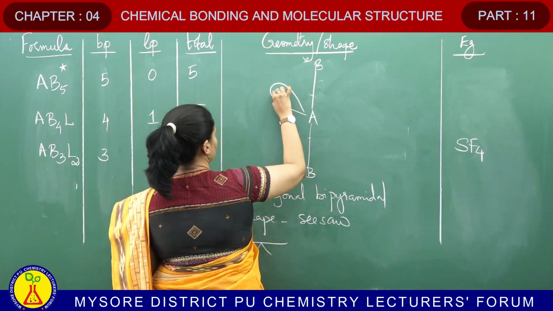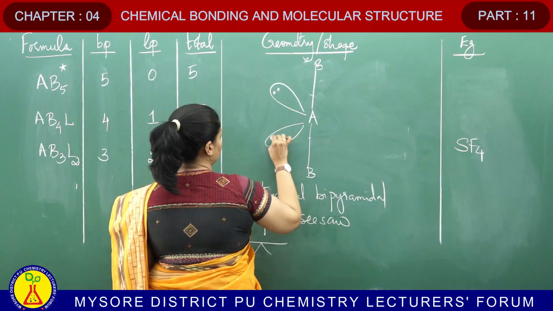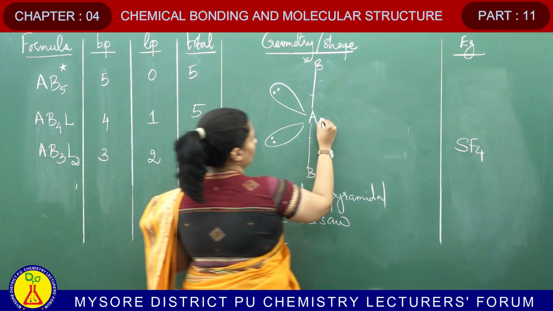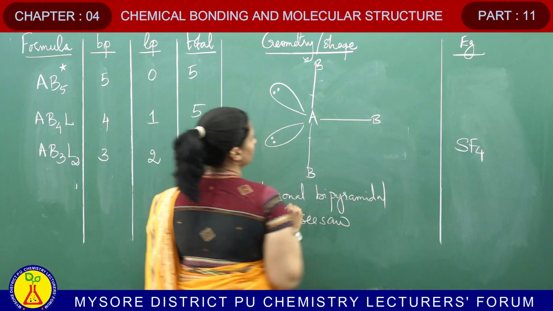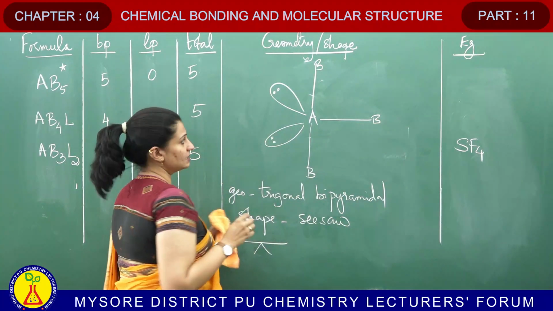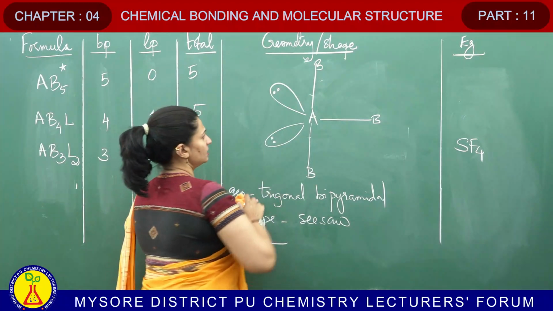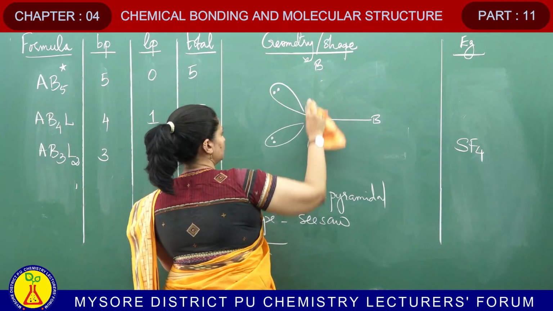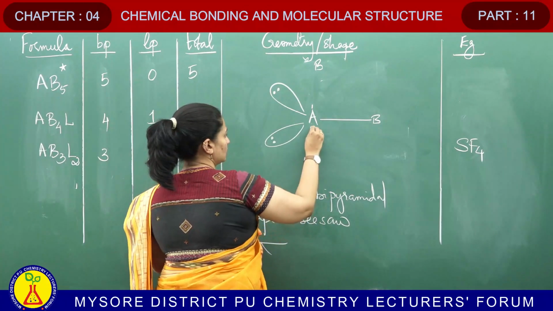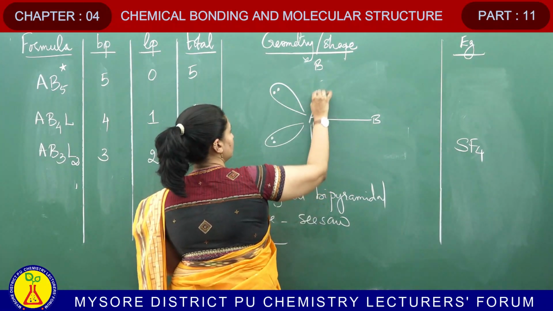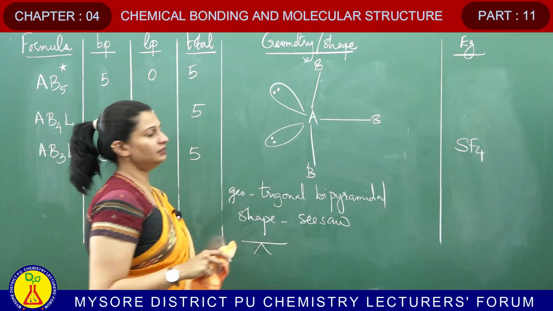So you have one lone pair here and another lone pair here, and the third bond in the equatorial position itself. The axial bonds won't be 90 degrees anymore, they will be slightly bent. Let me show you that. There will be a slight bend.